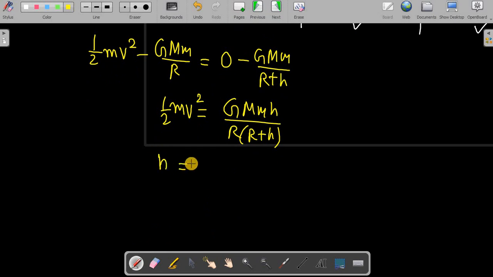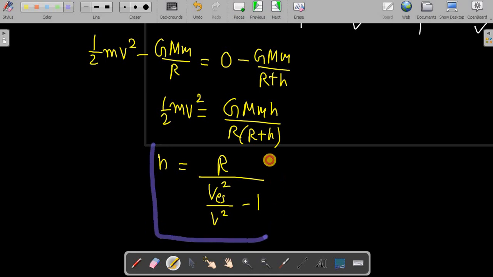H will come in terms of capital R and escape velocity square by v square minus 1. This we are just writing in terms of escape velocity. If the velocity is less than escape velocity, the denominator will be greater than 1 and you will get some height after substitution.